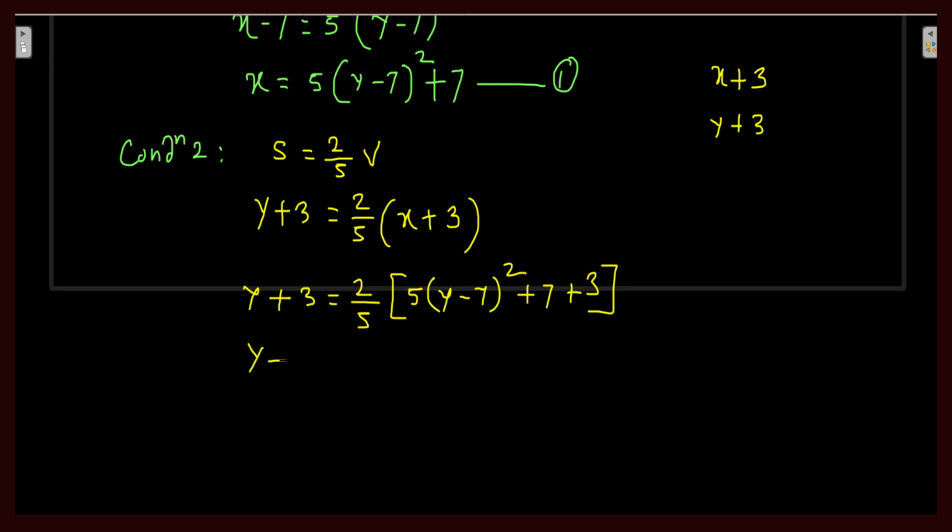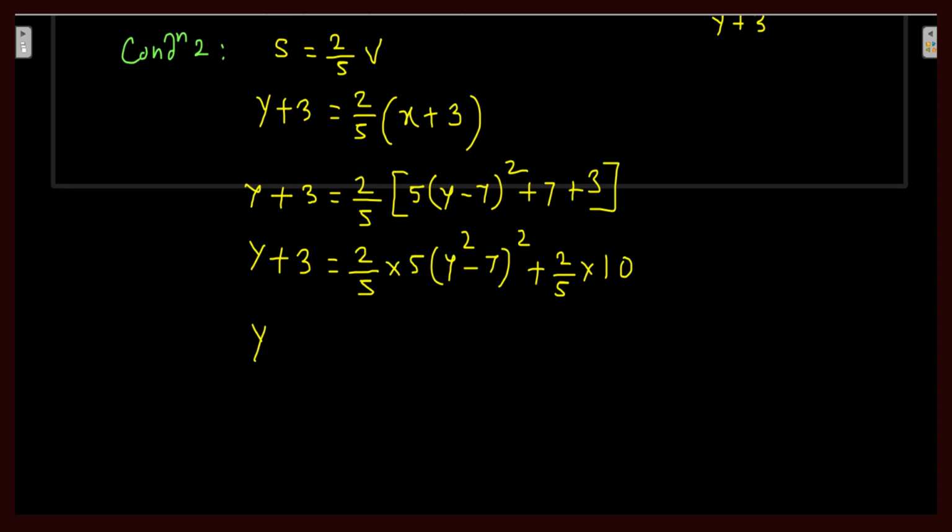Now simplify this to get the value of Y. So Y plus 3 is equal to multiplying 2/5 inside the bracket. So it will be 2/5 multiplied by 5 into bracket Y minus 7 bracket square plus 2/5 into 7 plus 3, that will be 10.